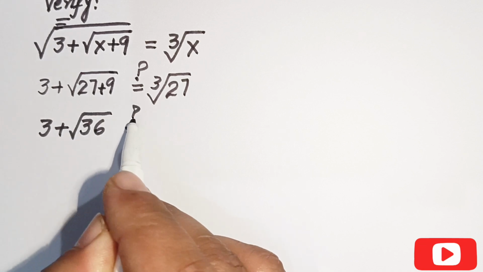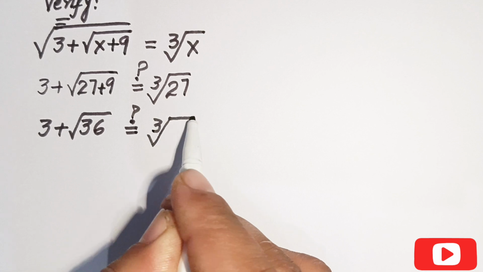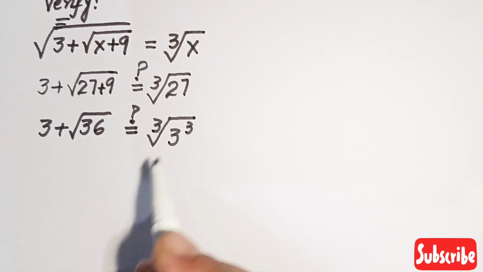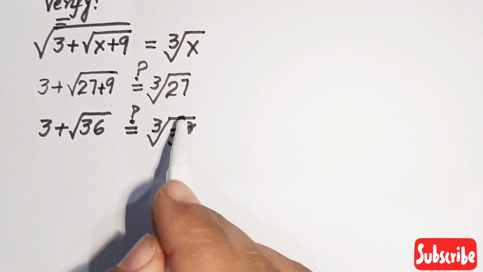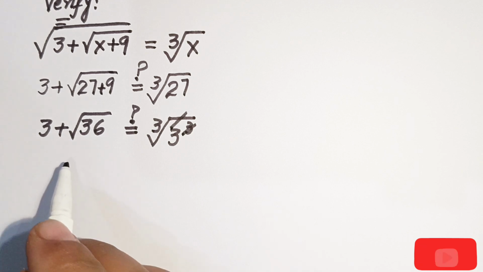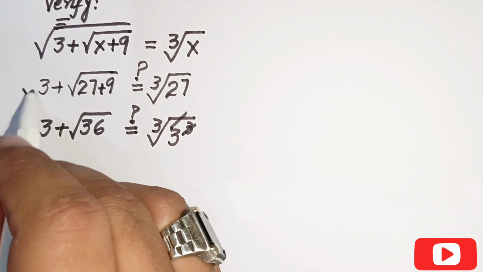Is it equal to the cube root of 27? 27 can also be written as 3 cubed, so the cube cancels out with the cube root. Then we have the whole square root.